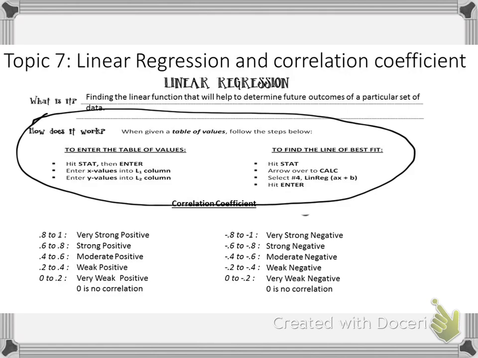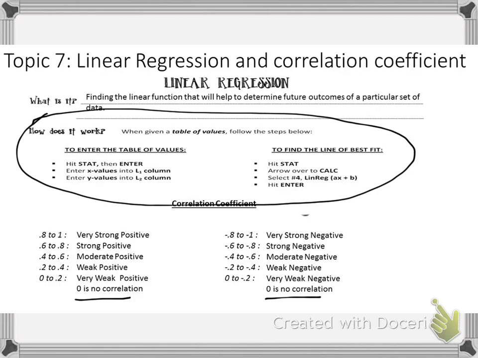The correlation coefficient, all that tells you is, are the data related? Are they related to each other? So you have strong positive, strong negative, you have positive and negative. Just because it's negative does not mean it doesn't have a correlation. It only has no correlation if it's 0 or close to 0.